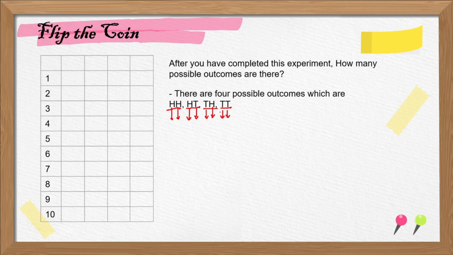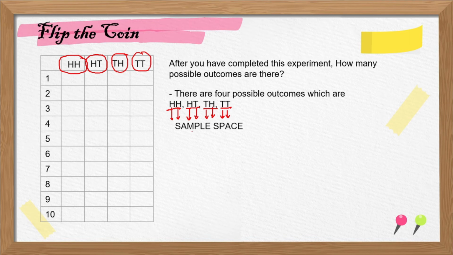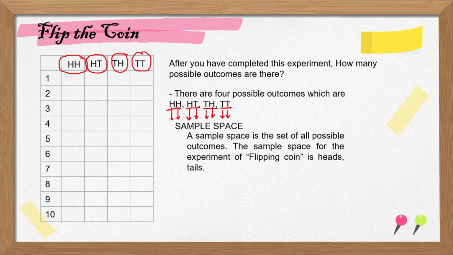So, we can write this into our chart. Okay. So, this heads, heads, heads, tails, tails, heads, and tails, tails. These are called sample space. So, by definition, a sample space is the set of all possible outcomes.